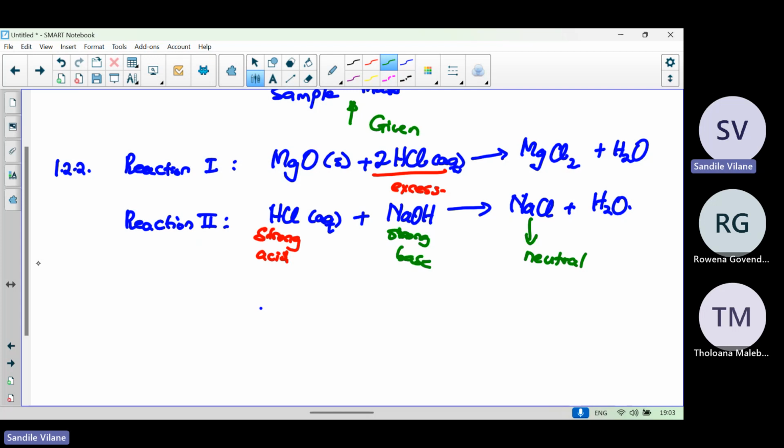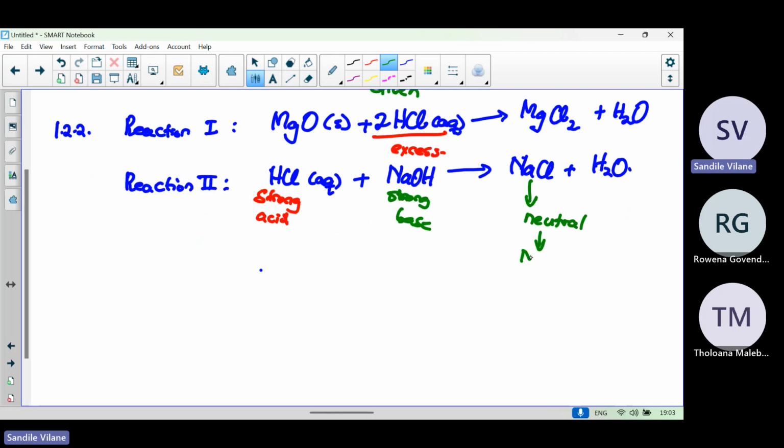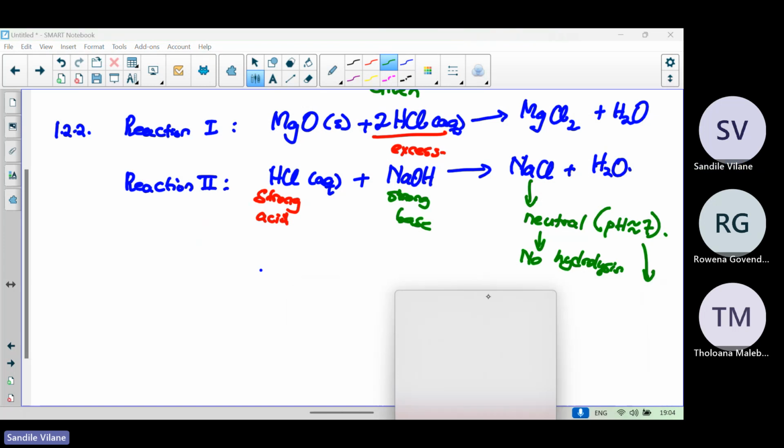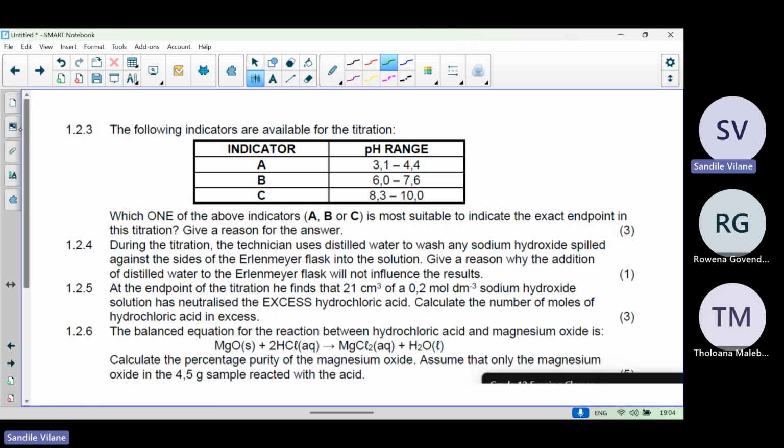And remember, what did we say? For a neutral salt, there will be no hydrolysis that is going to take place. Neutral means the pH will be approximately 7. So this informs me about the choice of my indicator. The indicator that I must choose must have a pH range that averages to 7.